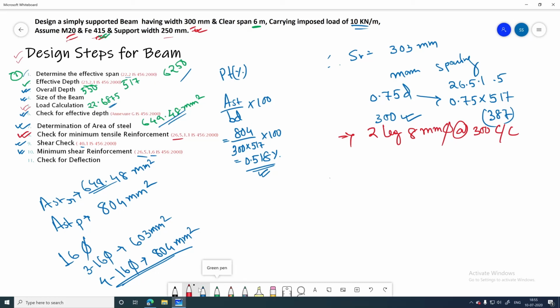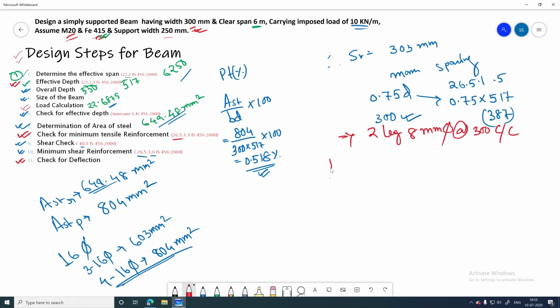Now finally we need to check the deflection. Okay, so how to check for the deflection? It is the same as step number 2, that is 23.2.1, where we determined the L by d ratio, right?